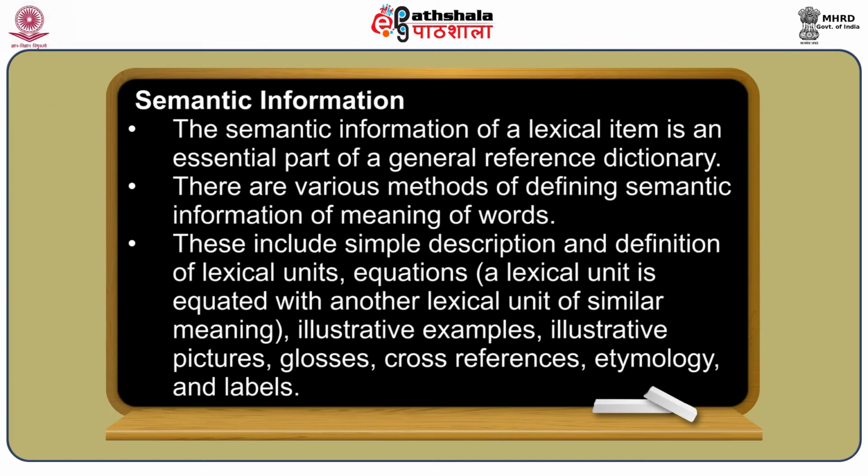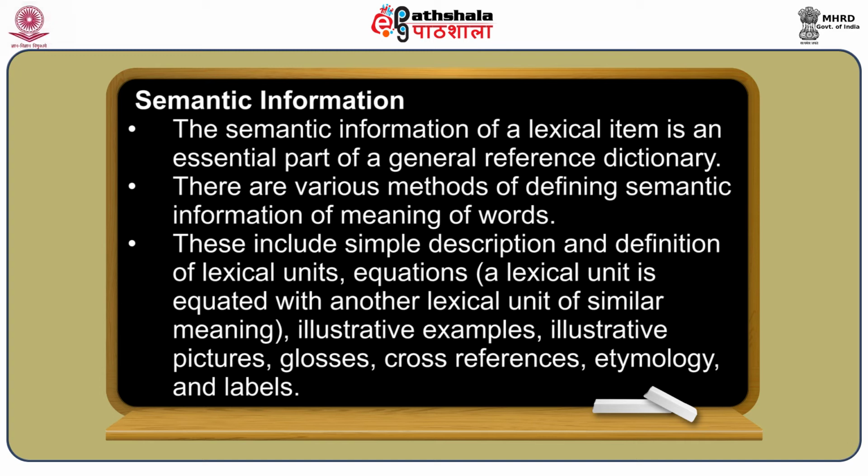Semantic information. The semantic information of a lexical item is an essential part of a general reference dictionary. There are various methods of defining the semantic information or meaning of words.